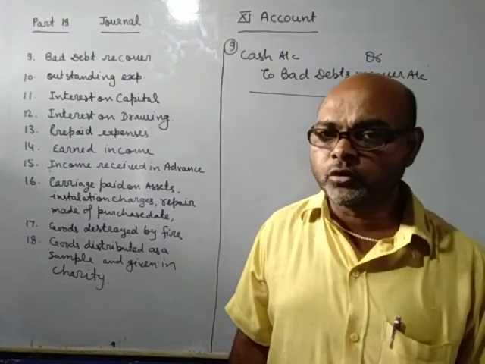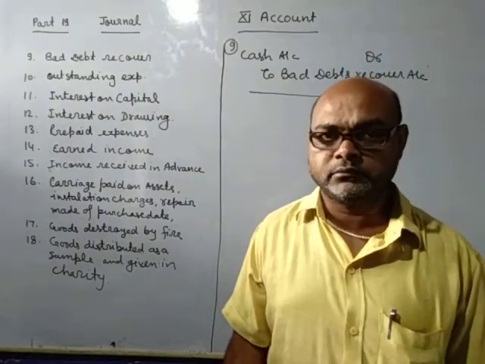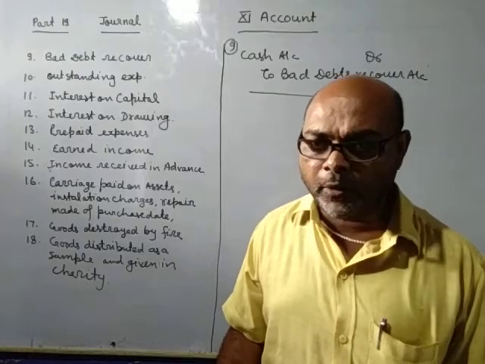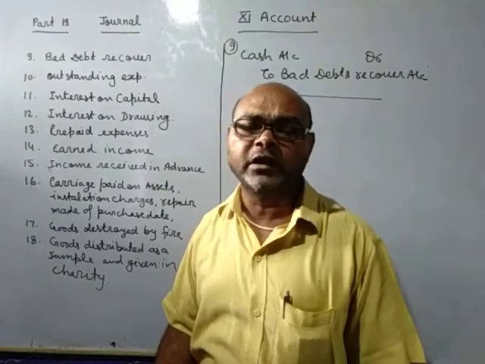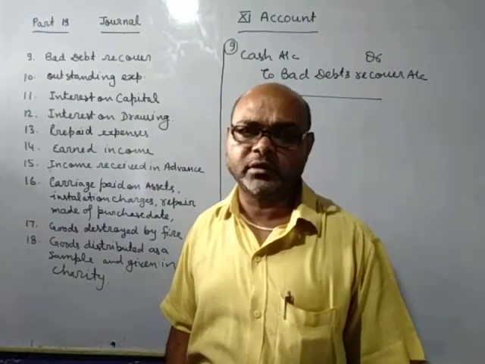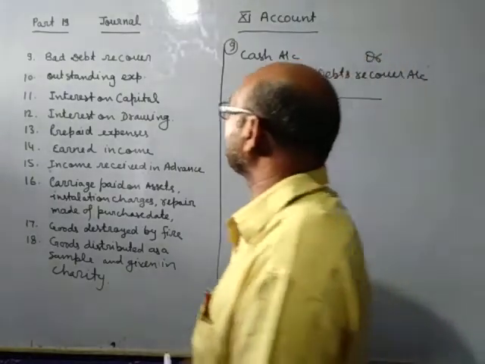And 2 months' rent is unpaid. So these 2 months' rent will be called outstanding. In the case of outstanding, it is your liability, which is always credit, and that expense will always be debit.